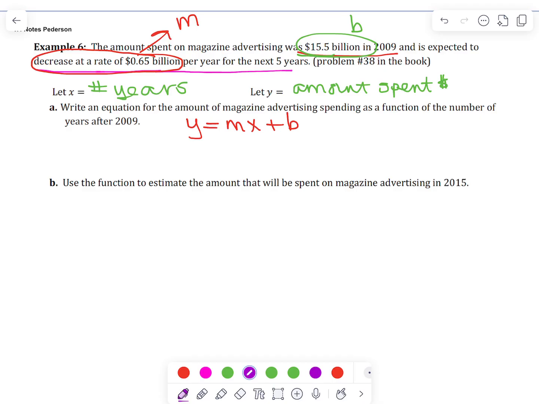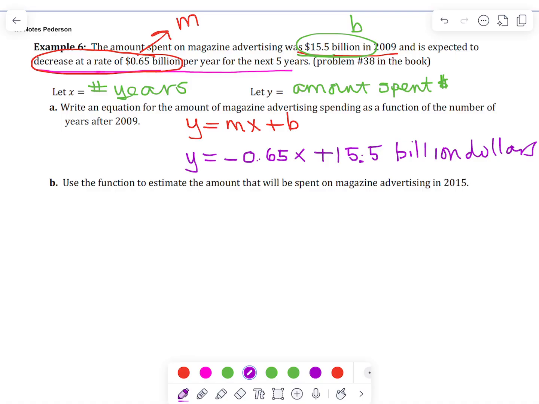So to write our equation, it is a decrease, so we have a negative slope: y equals -0.65x plus 15.5 billion dollars.